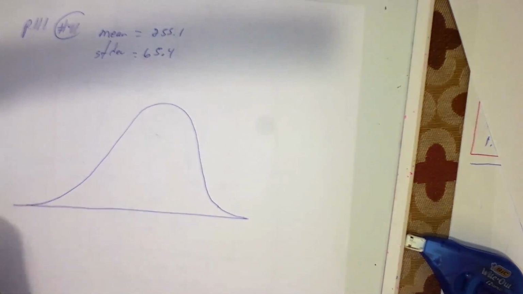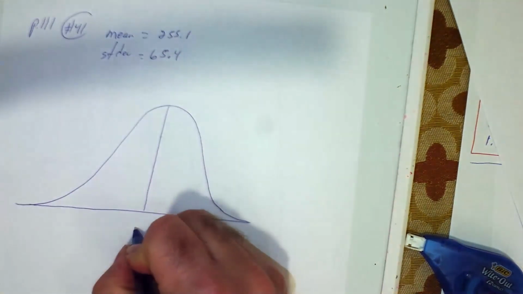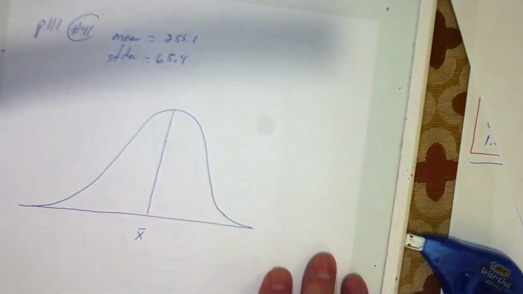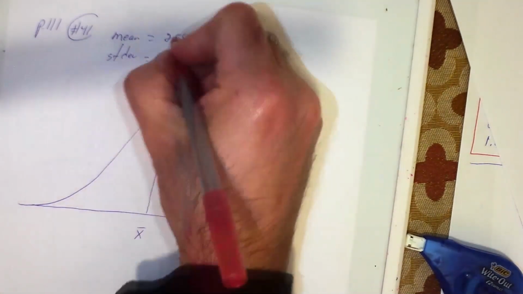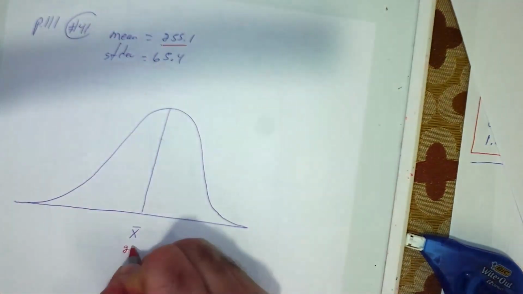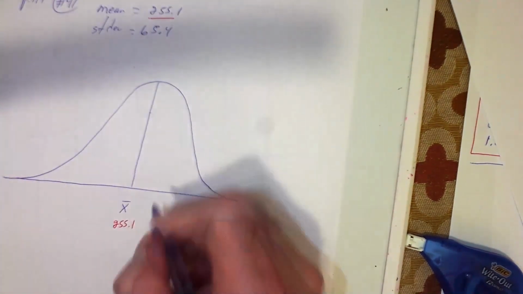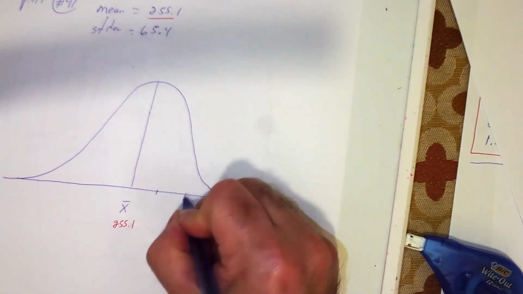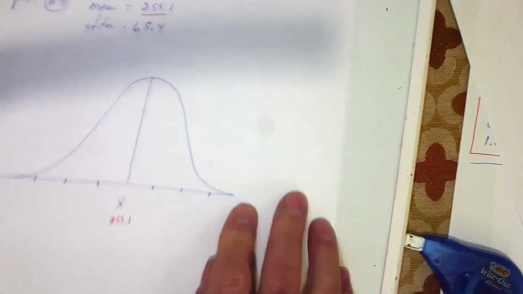All right. So in the middle, what do you put? You put the mean. So my mean is 255.1. And I'm going to put my tick marks. 1, 2, 3. 1, 2, 3.